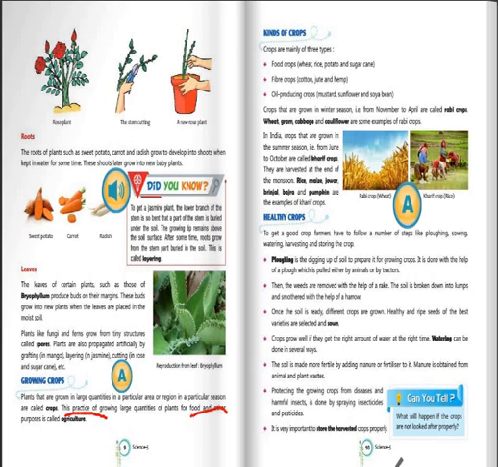Now let's see on the next page the kinds of crops. Crops can be mainly of three types. First, food crops, second, fiber crops, and third, oil producing crops. And their types define their use.